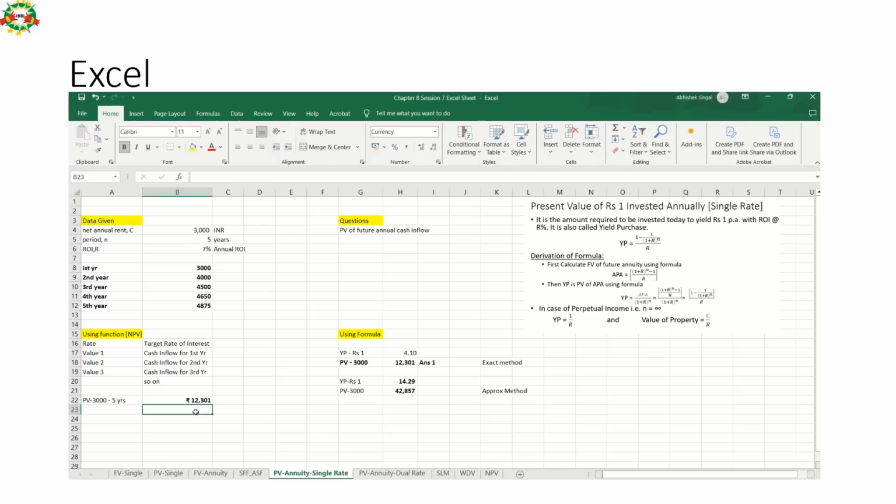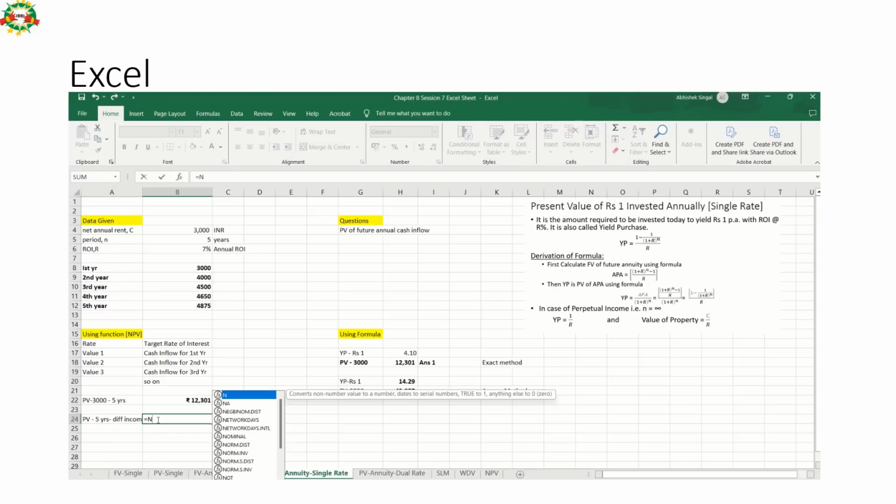So let us calculate NPV in this situation: PV of 5 years of different income. We'll use the NPV formula.